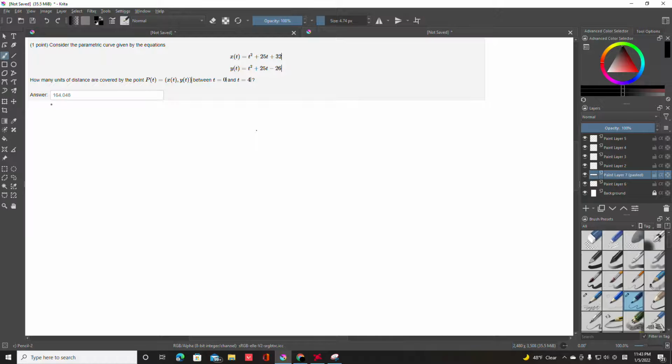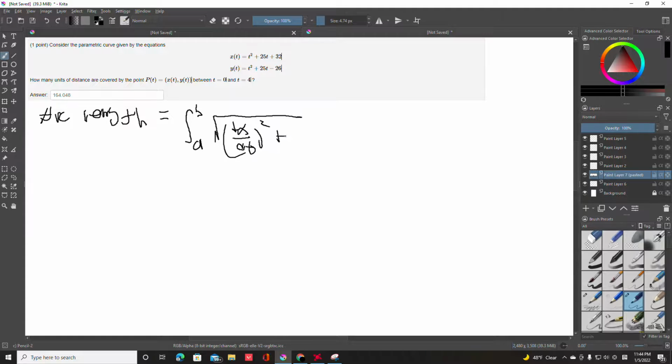So the arc length of a parametric function, we could do a to b, square root of dx over dt squared plus dy over dt squared, dt.